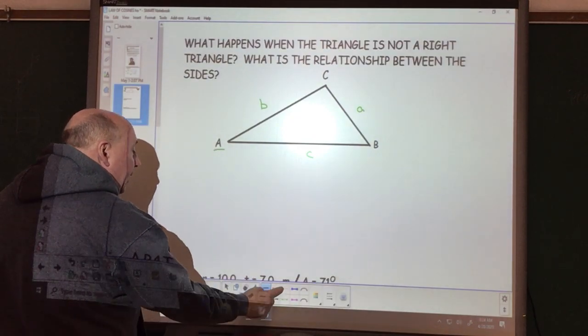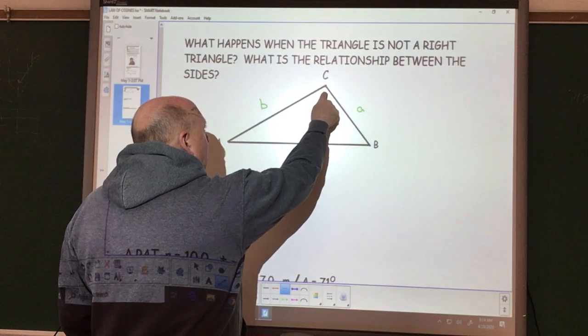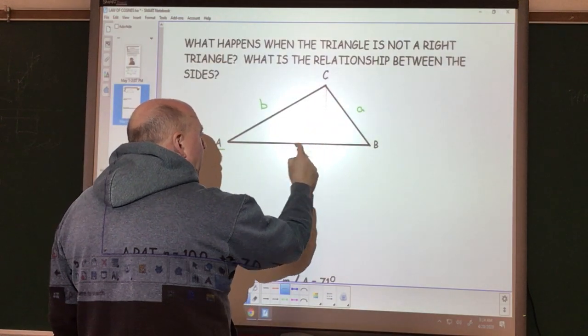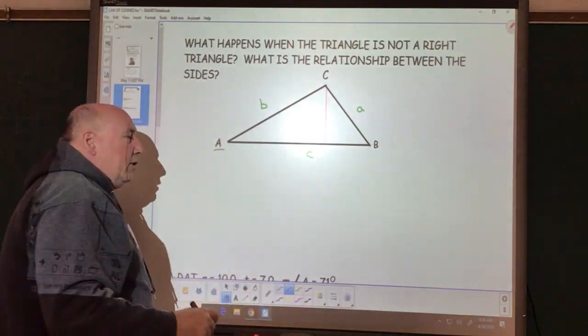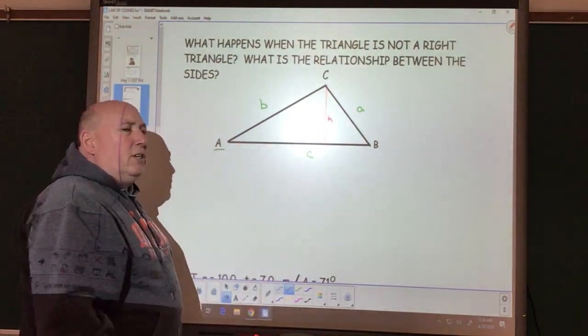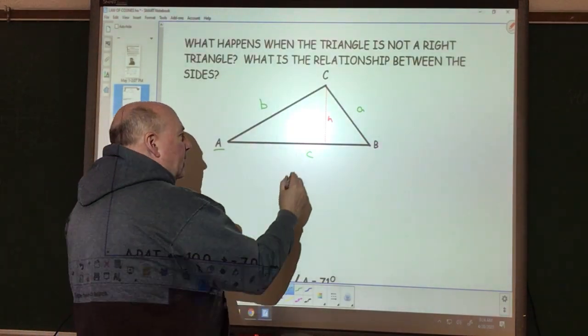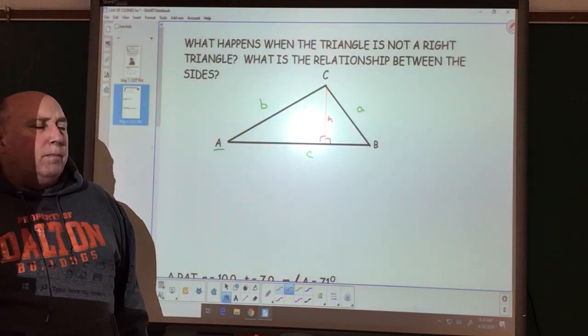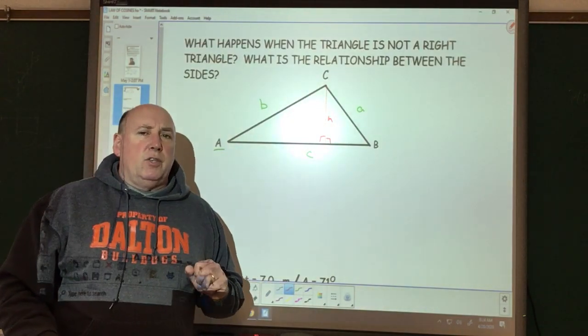Well, we're going to draw in an auxiliary line. And this is going to be an altitude. And if we talk about an altitude, that is the height of this triangle, h. And what this height of this triangle h will give us is two right angles. That is the definition of an altitude.